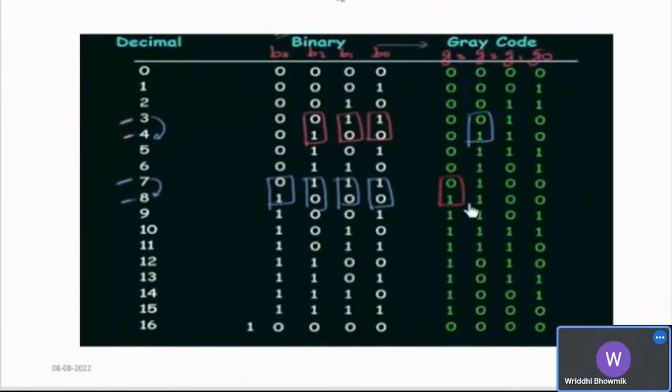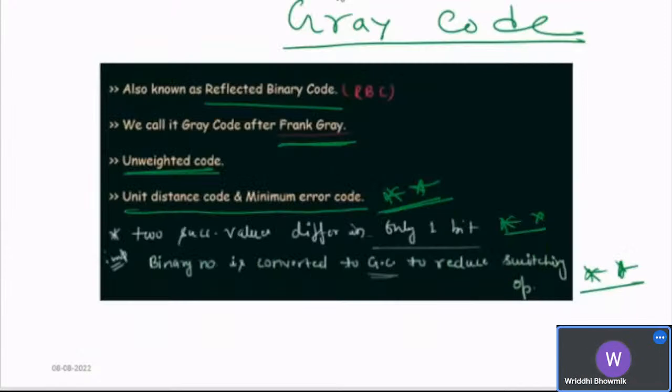So you see, in the extreme left hand side, we have decimal numbers, the middle column representing the equivalent binary numbers, and the last column representing the gray code. Right now, I am not going to discuss how to convert binary to gray. I have written the gray code directly. I will show you how to convert binary to gray a little bit later, but for the time being, you just understand the meaning of these 3 points.